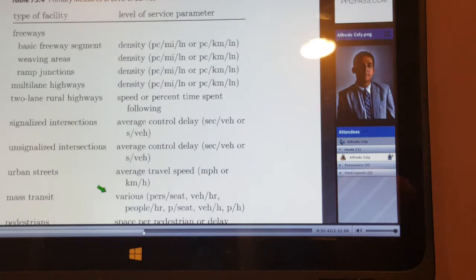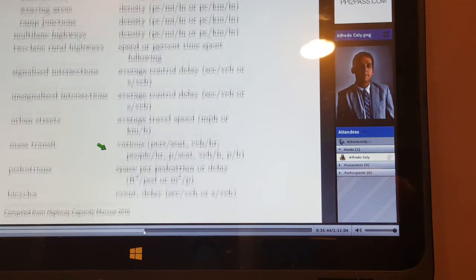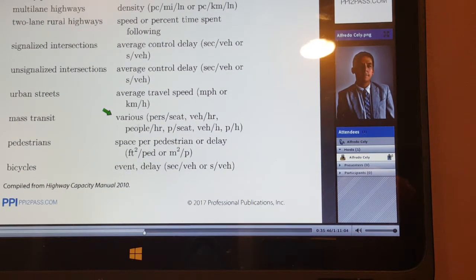Now for mass transit, you have various level of service parameters such as persons per seat, vehicles per hour, people per hour, persons per seat, and so forth. Now for pedestrians, it is the space per pedestrian or the delay the pedestrian experiences at that specific facility, whether that be a sidewalk or a crosswalk.